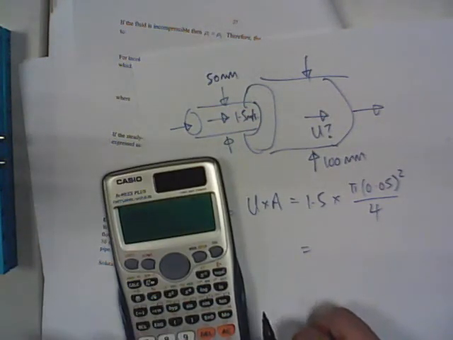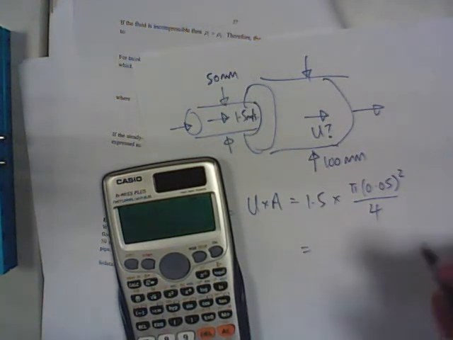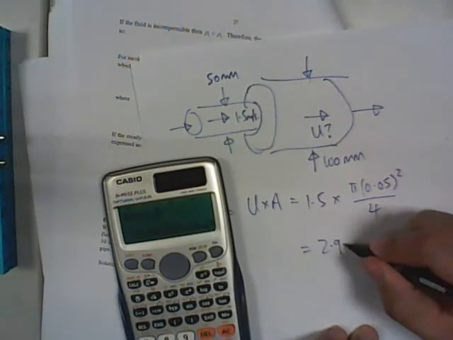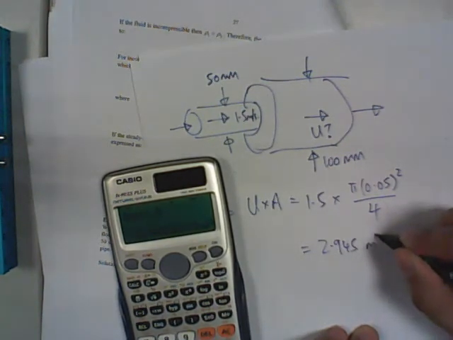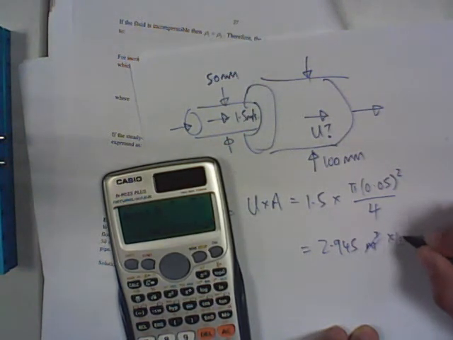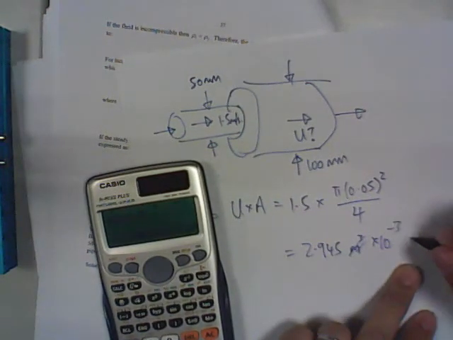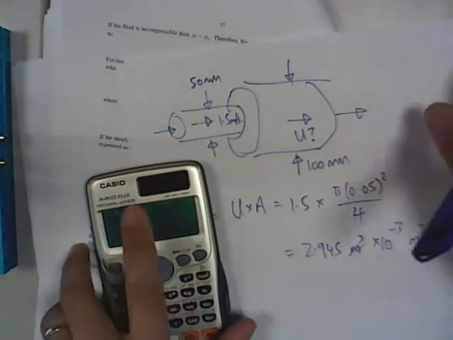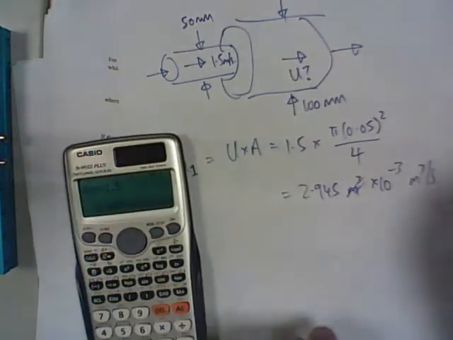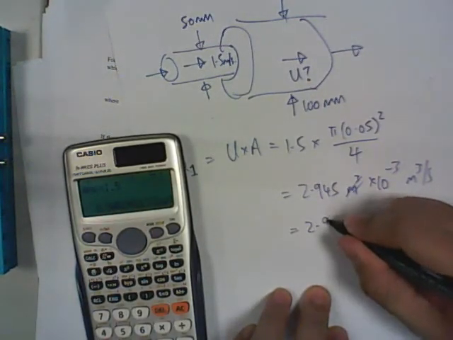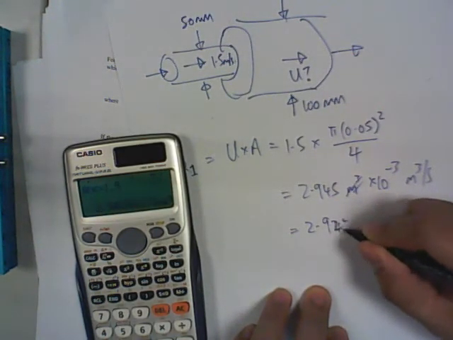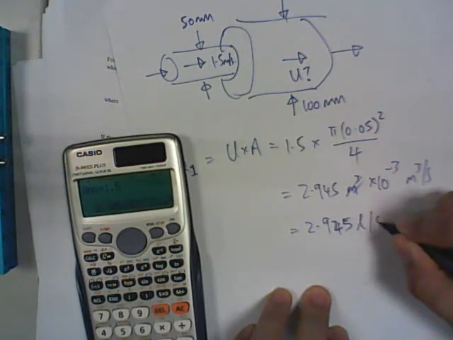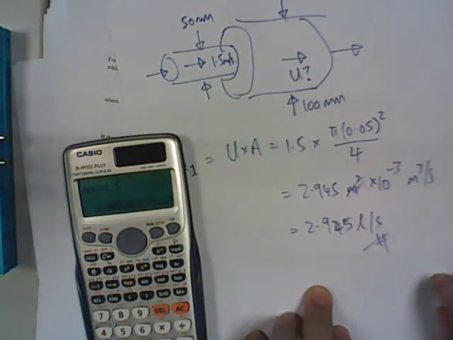So 0.05 square times pi divided by 4 times 1.5 gives 2.945 times 10 to the power minus 3 meter cube per second. But you're supposed to express it in liters of water, which is basically 2.945 liters per second.